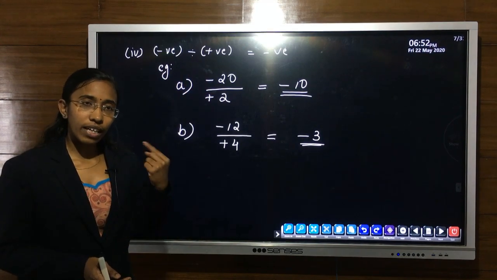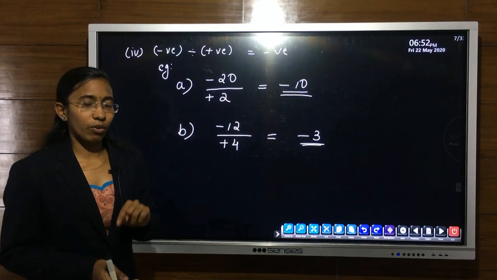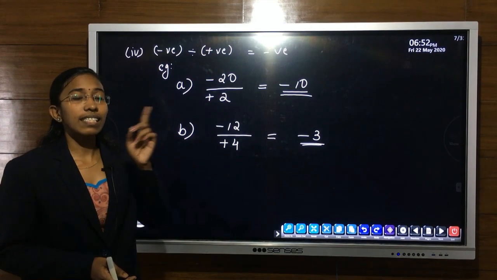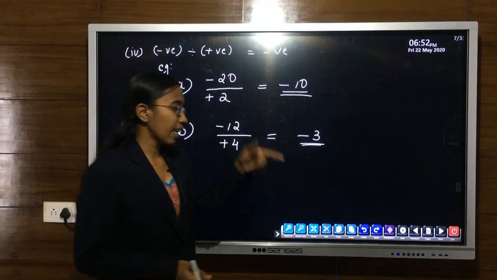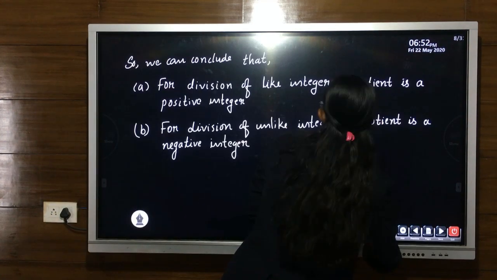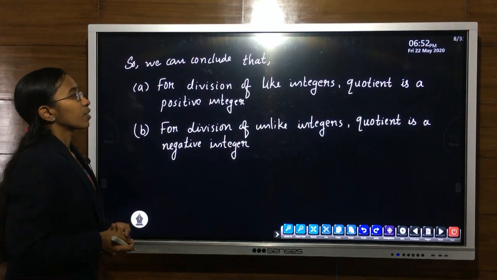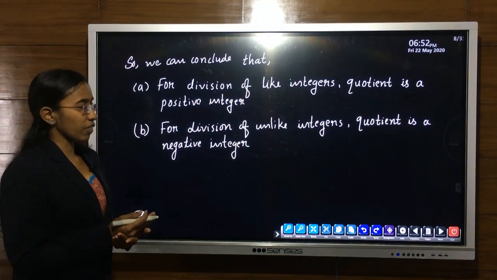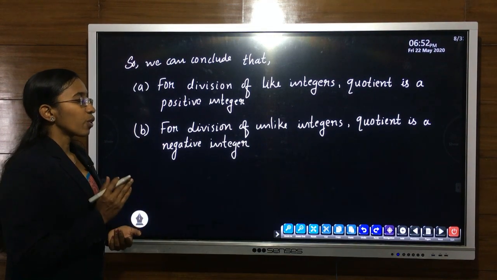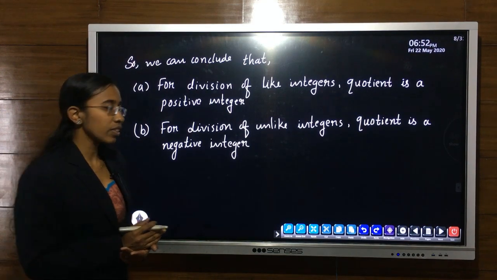Unlike integers means one is positive and the next one is just the opposite, which means negative, or the first one is negative and the second integer is positive. In that case, our answer is always negative. So we can conclude that for division of like integers, the quotient is a positive integer, and for division of unlike integers, the quotient is a negative integer.